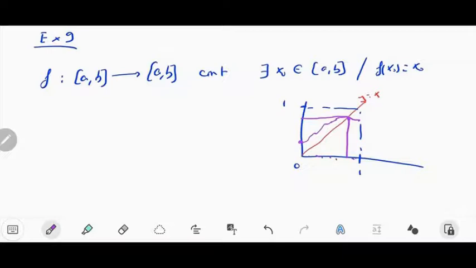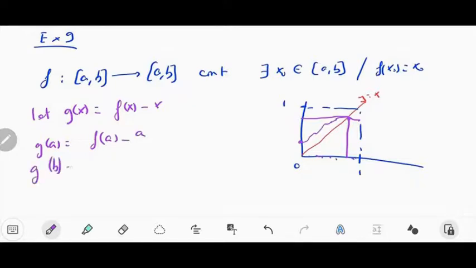So to write this properly, we say let g of x be the function defined by f of x minus x. Now g of a is equal to f of a minus a. G of b is equal to f of b minus b.